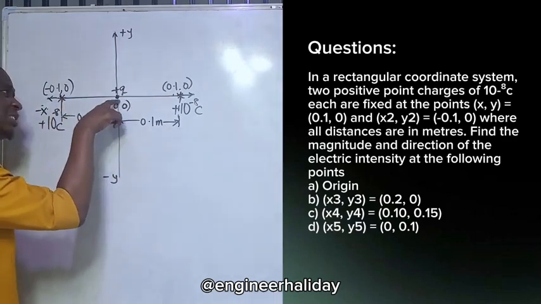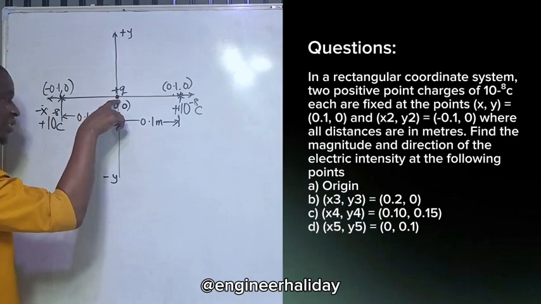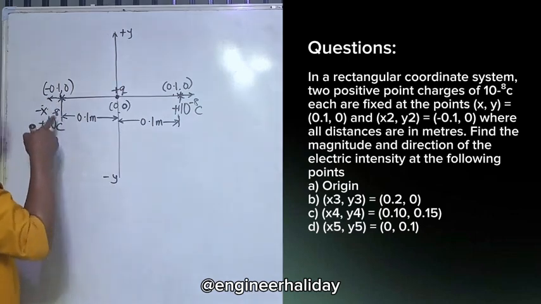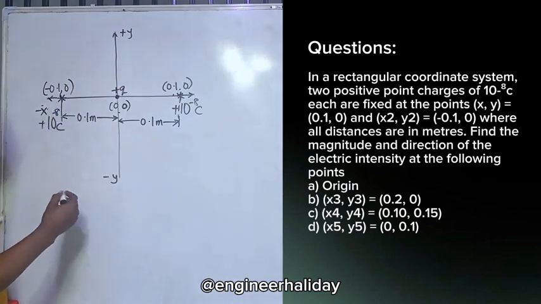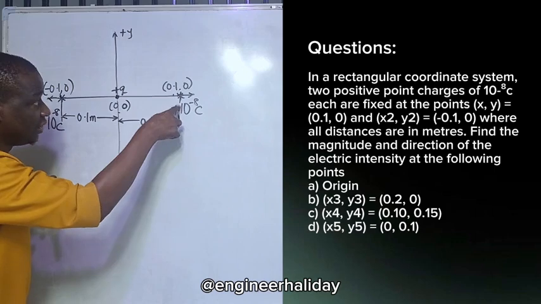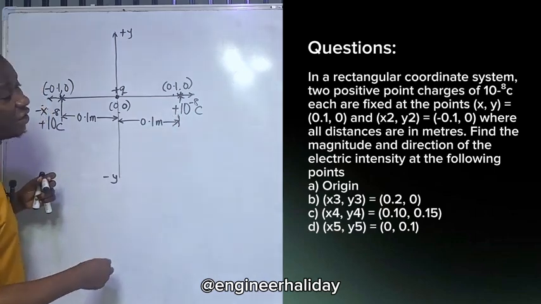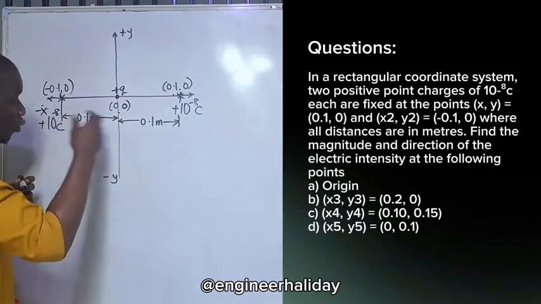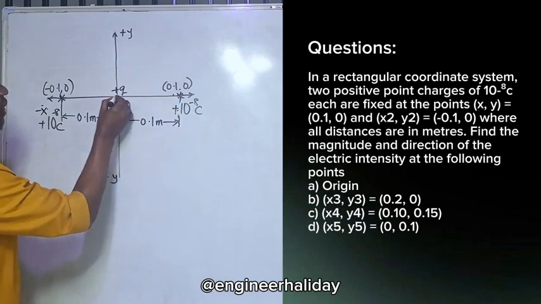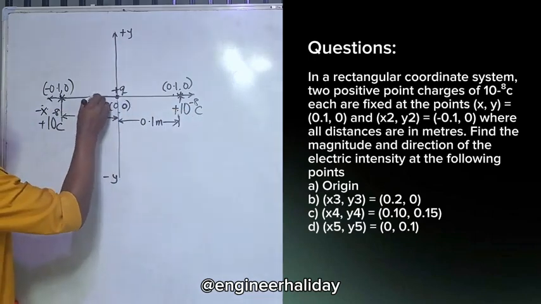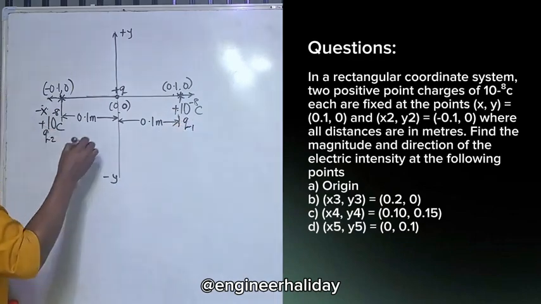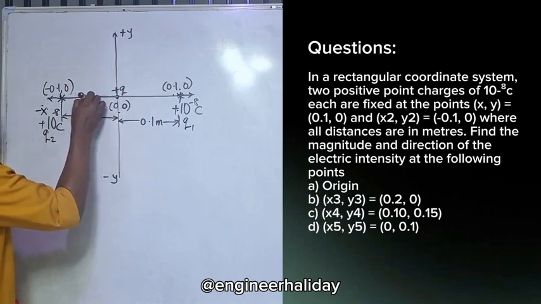Now, why we are putting a positive point charge here is to calculate the electric field here so that we can know the direction, because the electric field has a direction. Without putting this in here, you cannot know the direction. So with this one now, you can know positive and positive will repel. Let's say this is Q1 and this is Q2. It will repel like this at the origin.